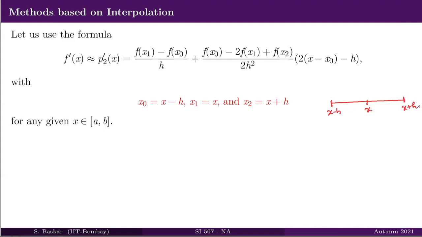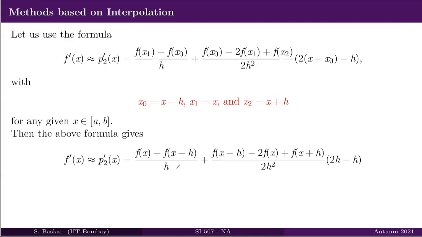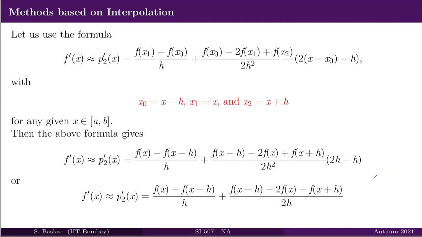For any x given in the interval a to b, simply substitute these values into this expression and let us see what happens. As per this, the divided difference formula for f dash of x is given by this expression, and that can be simplified to this, right? These are simple algebra you can do and get these formulas.